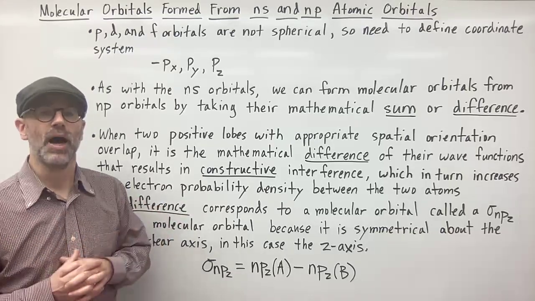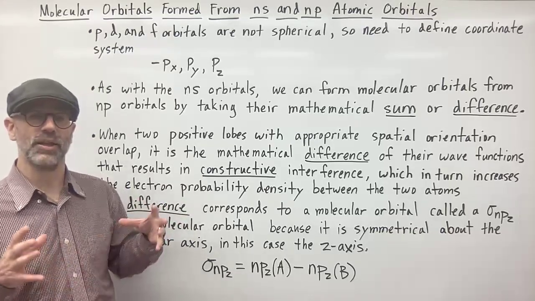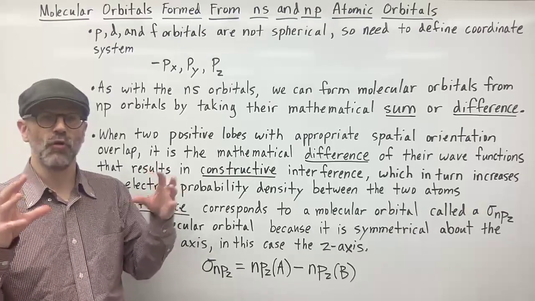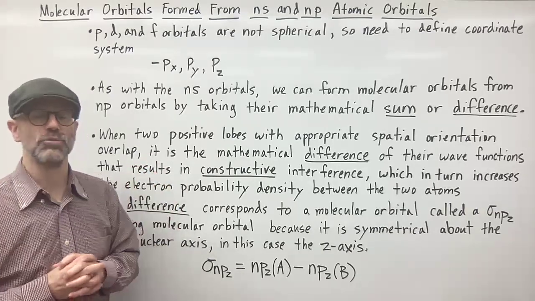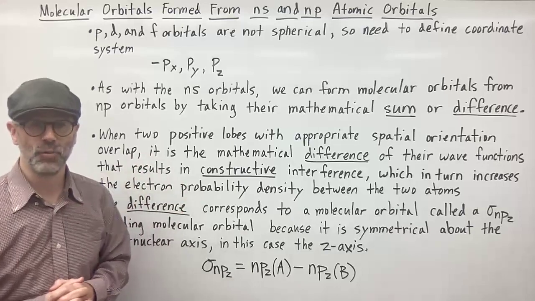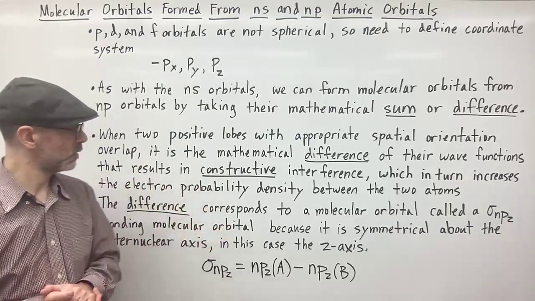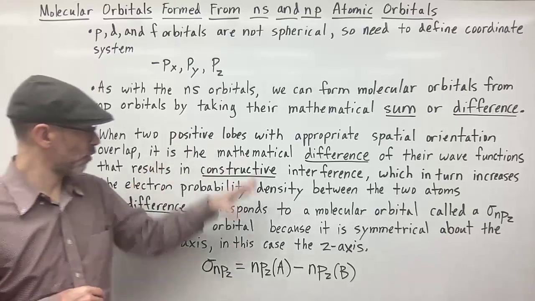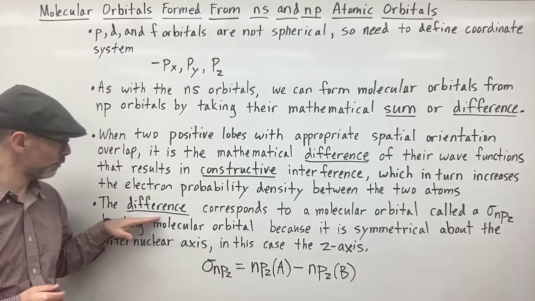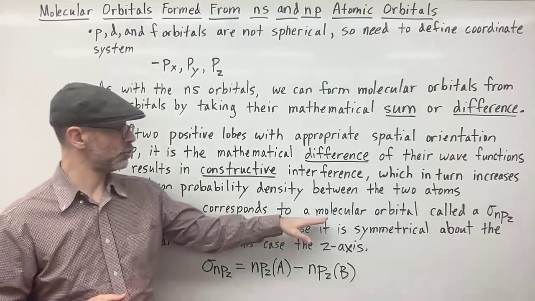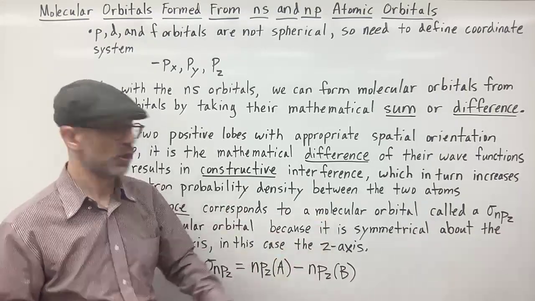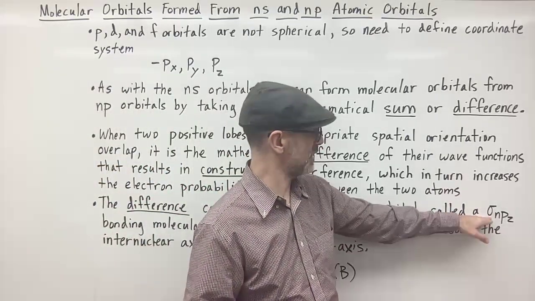We saw with the s orbital that when overlapping two positive wave functions, it was the sum of their wave functions that led to constructive interference. In this case, it's the difference. Okay, so that's important to keep in mind. The difference corresponds to the molecular orbital called your sigma npz, right?